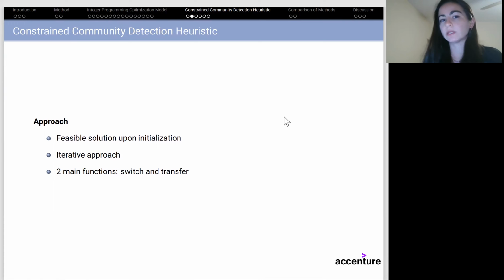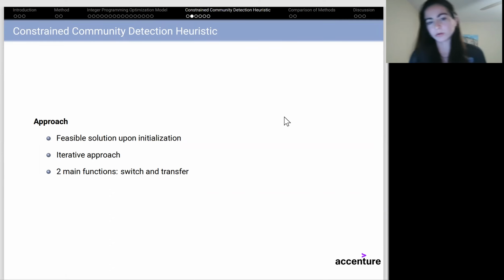Whereas with the IPs, the solver applies a relaxation to the integrality constraint when it solves and goes through a series of branching bounds, cutting planes, other kind of pre-solving strategies. The first solution is not necessarily feasible for the IP. So it's a little different for this heuristic that we designed.